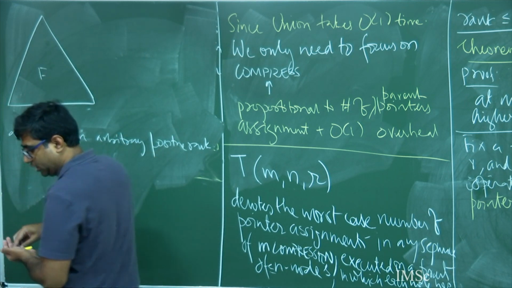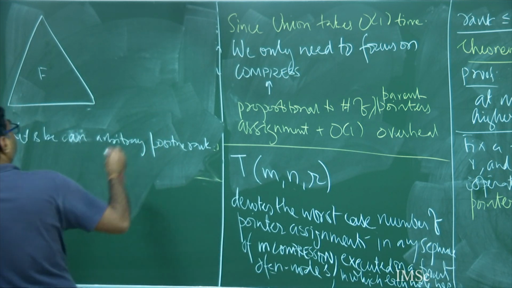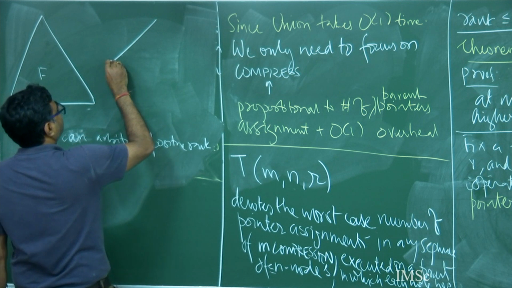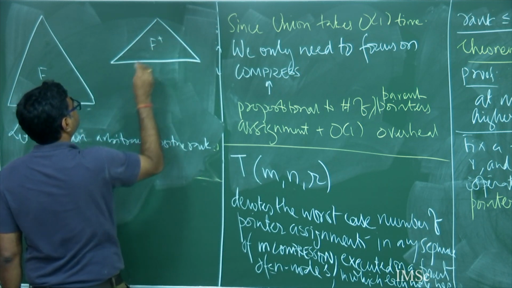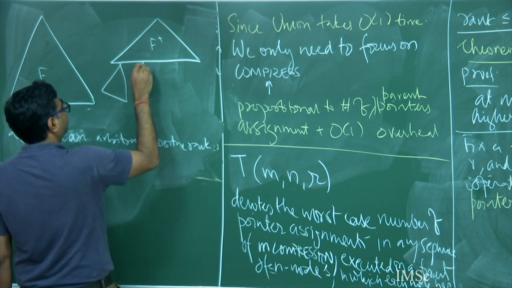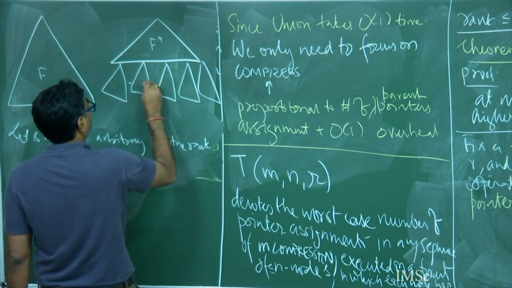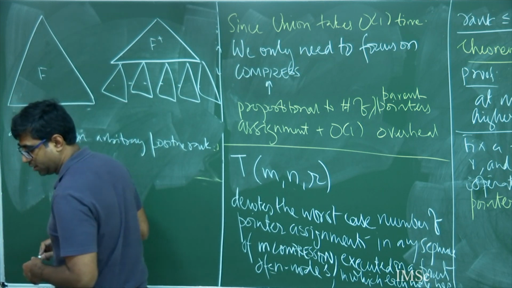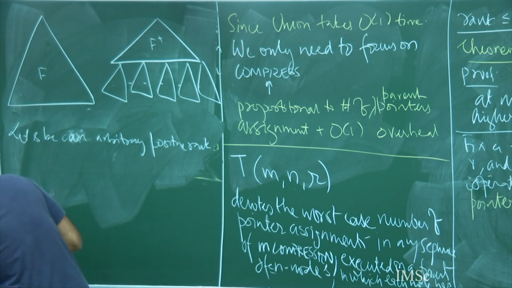So I want to cut into F plus and F minus. Actually the world will look like this now. I'm going to call this F plus, and here are some subtrees hanging. What is the property of this?